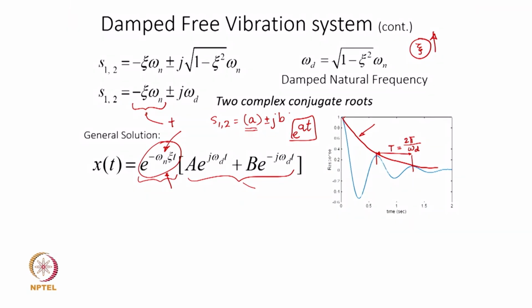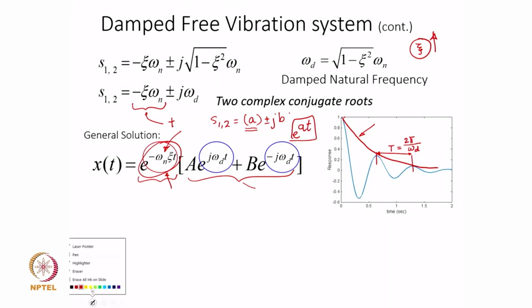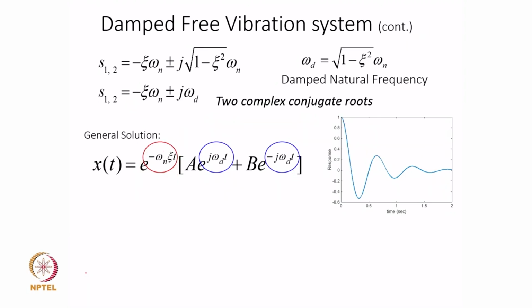So, what are we learning from this? That this part is indicative of the stability of the system, because no matter what the omega d value is, or whether it is positive or negative, the system is going to show oscillations.